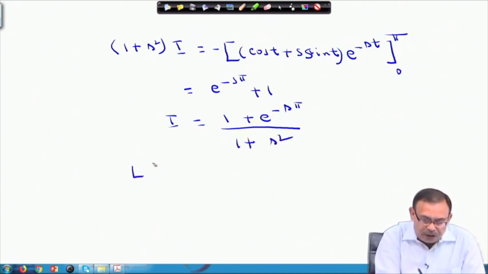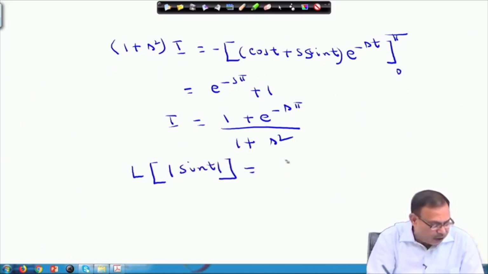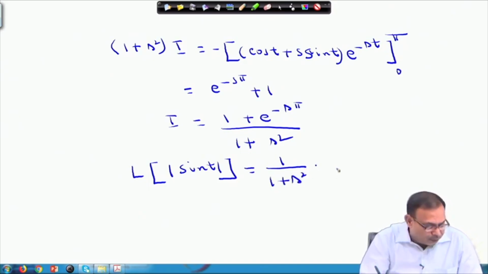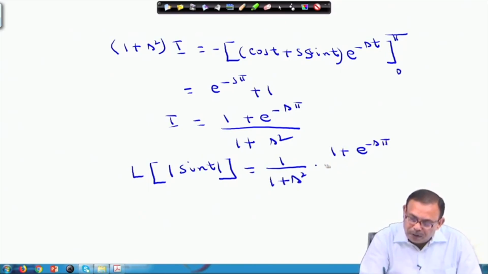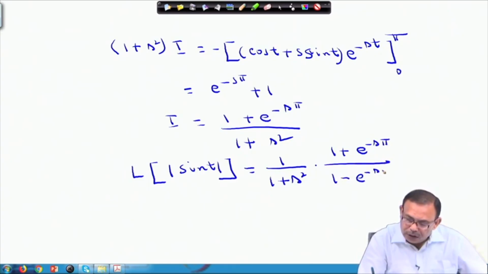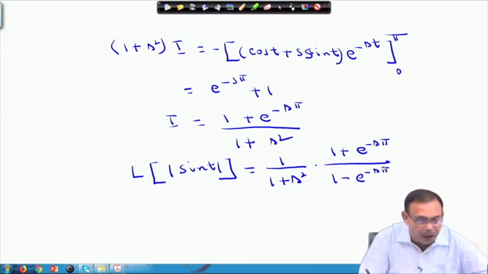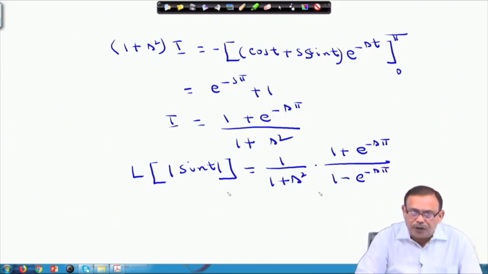So the Laplace transform of modulus of sin t is equal to 1 by 1 plus s square into 1 plus e to the power minus s pi, divided by the denominator 1 minus e to the power minus s pi. So, this is the Laplace transform of the modulus function of sin t, which is a periodic function of period pi.